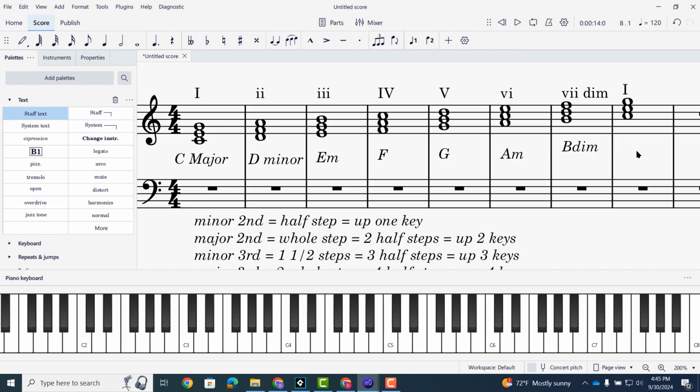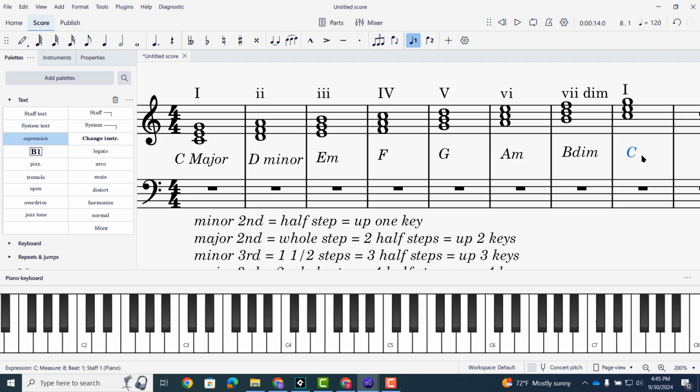And so finally we're back to C. Now that we know, if we just write the letter, that means major. So we're going to say C major.